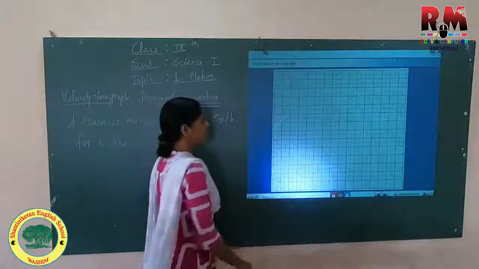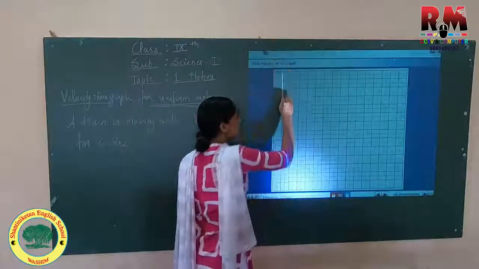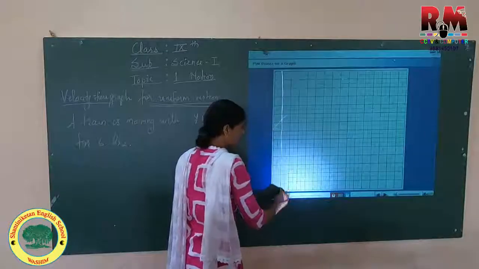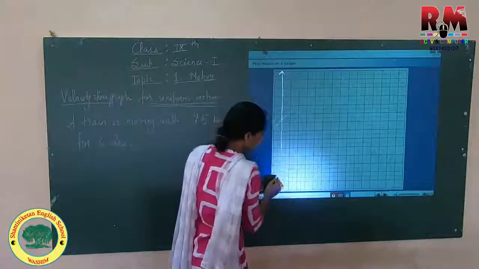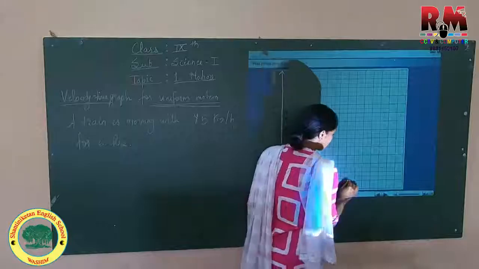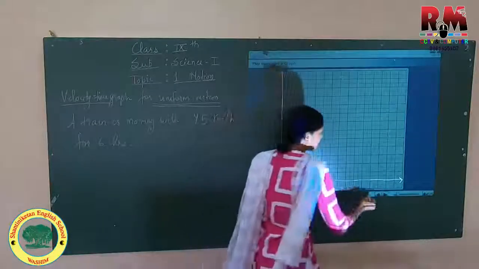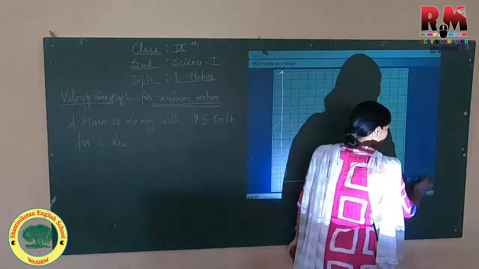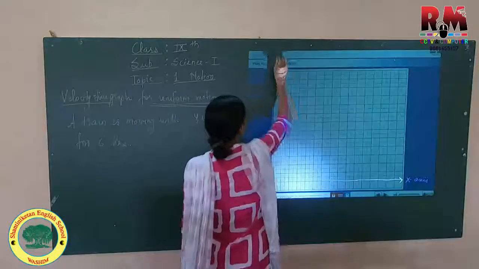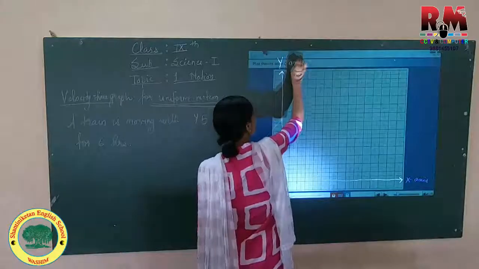Again the same process: draw two axes passing through the origin. Passing through origin means this is the origin, this is the x-axis, and this is the y-axis.